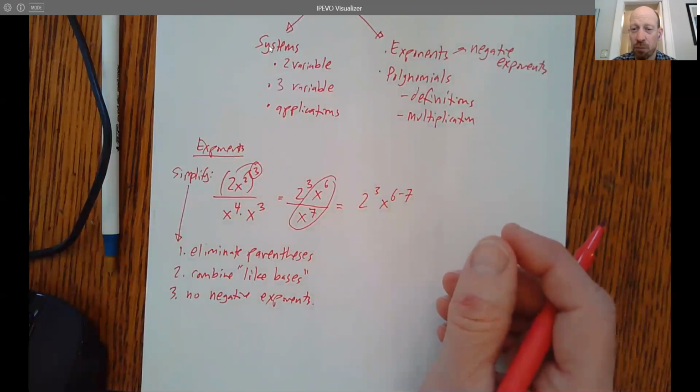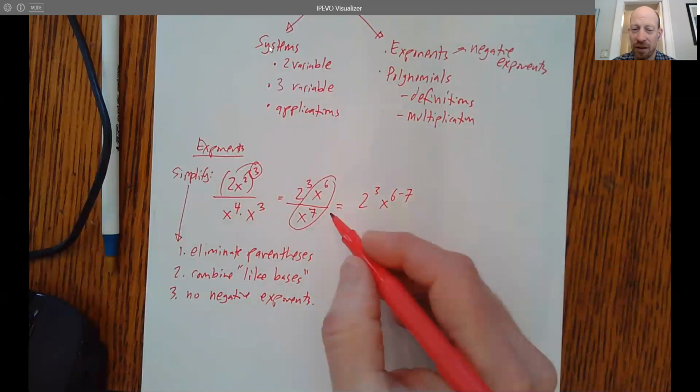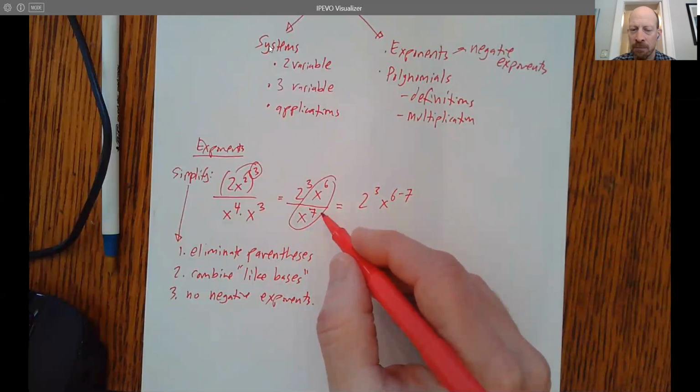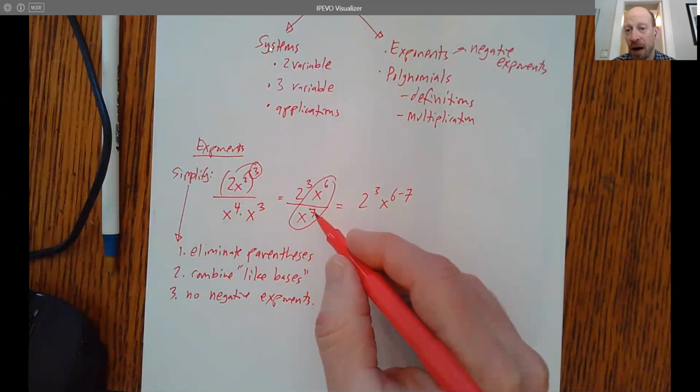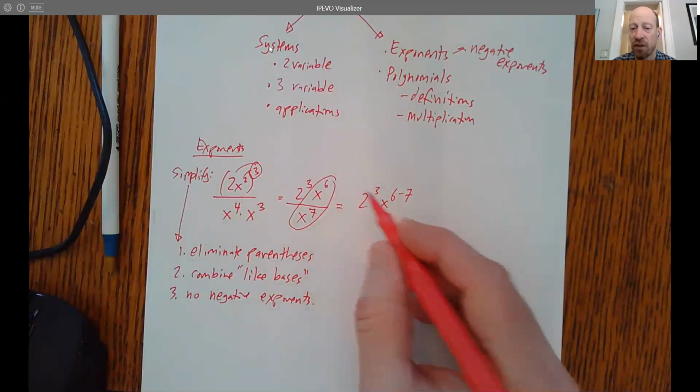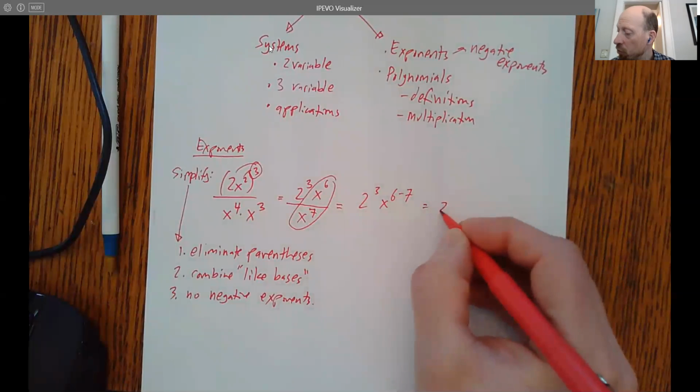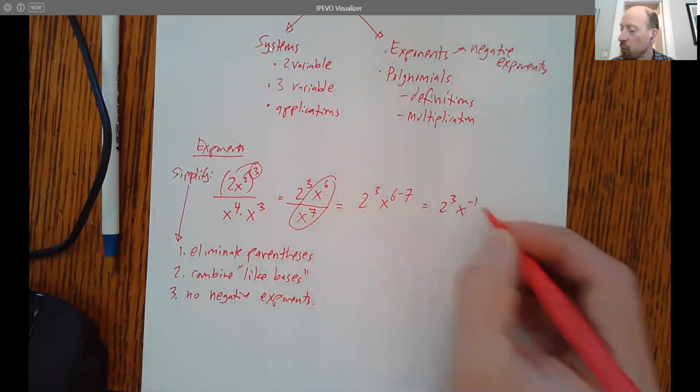The rule is expressed in different ways, but I think that's a nice way to think about it. Whatever the positive or negative is on the bottom, when it comes up, it's going to switch signs. So this gives me 2 cubed x to the minus 1.